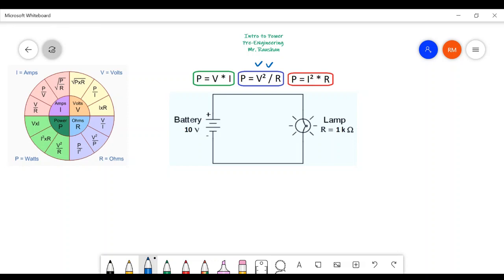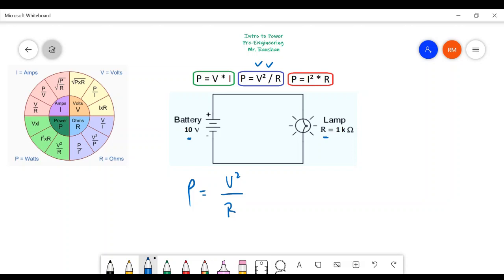You can get around it if you use Ohm's law to find the current, because you have the V, you have the R. You can find the current using Ohm's law, and then apply one of those formulas. But let's try to use the blue formula and see how it works out. So my formula goes something like this. P is equal to V squared divided by R, right?